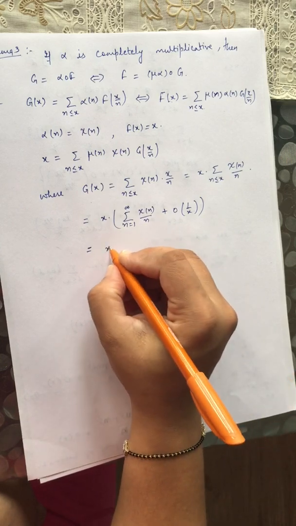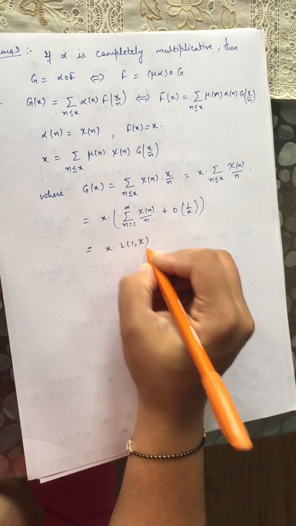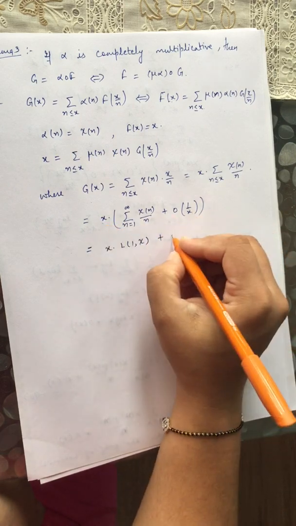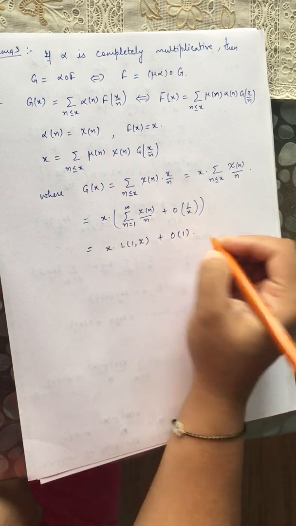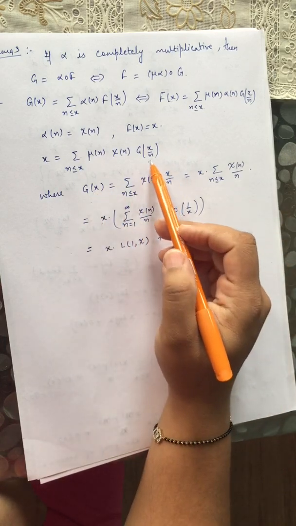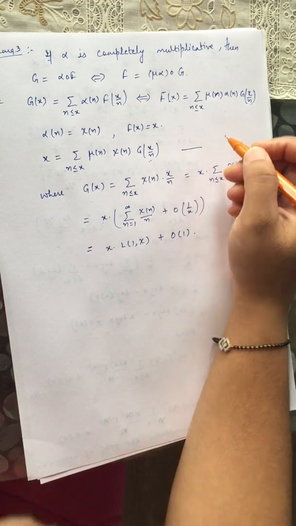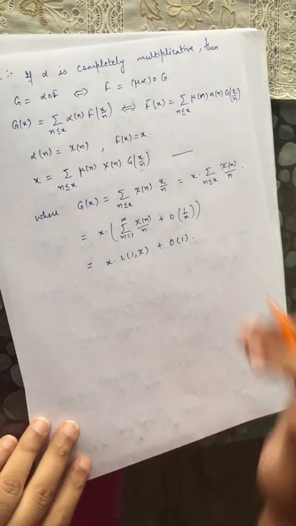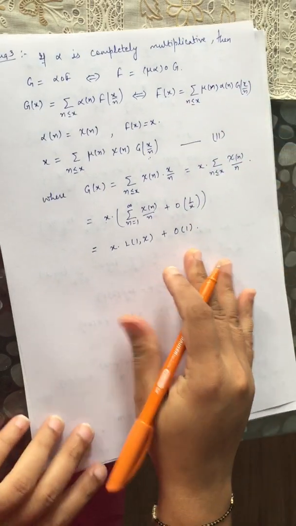Now this is L(1,χ), so x into L(1,χ) plus x into O(1/x) is just O(1). Now we put this value of G(x) in this equation. So let us say this is equation 11.